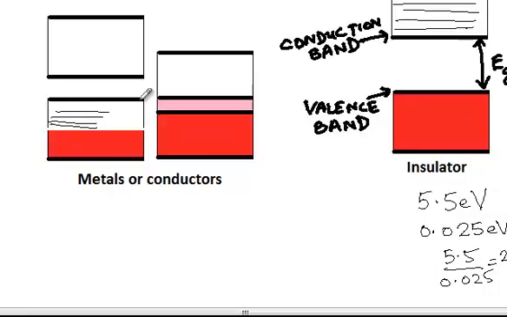So the valence band might either be partially filled, or the valence band and the conduction band might be overlapping, which means the energy gap is zero, and there are once again a lot of empty energy levels available to which the electrons can jump from the lower level to a higher level. So in this case, since there are a lot of conduction electrons available in the conduction band, the conductivity is high.